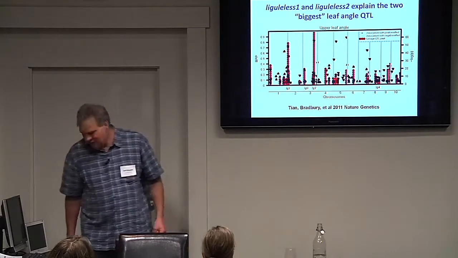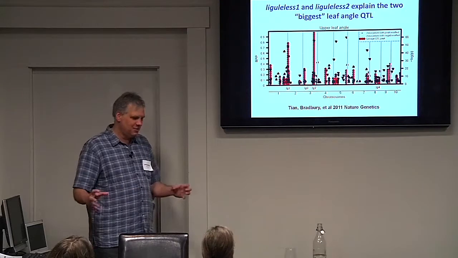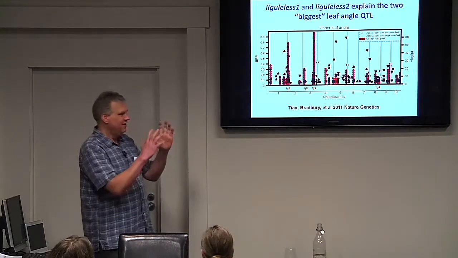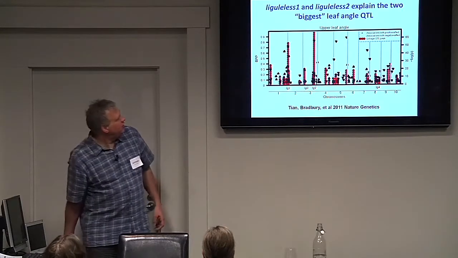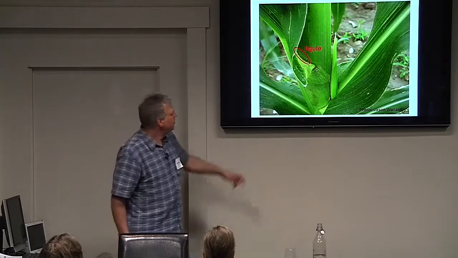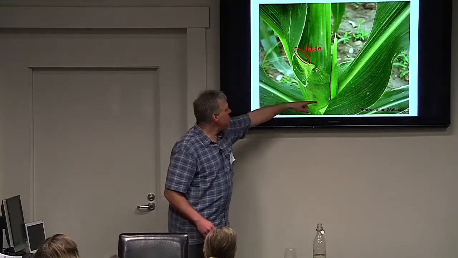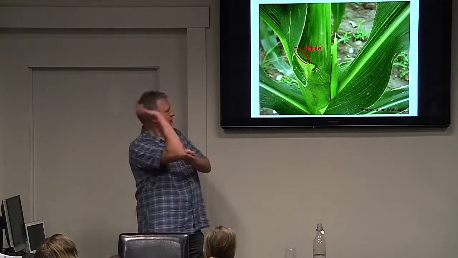Leaf angle is a really important trait in domestication and continued improvement in maize, because as you pack more maize plants together and get more productivity of land, the leaf angle had to adapt to that. A ligule is a membranous bit of tissue right between the sheath and the blade of the leaf, sitting right at the hinge.